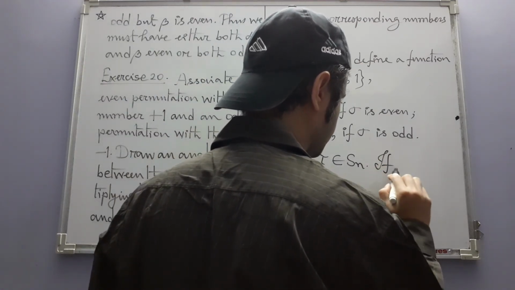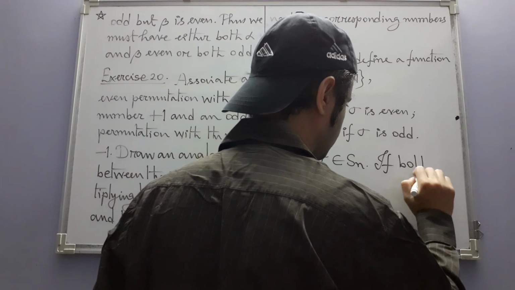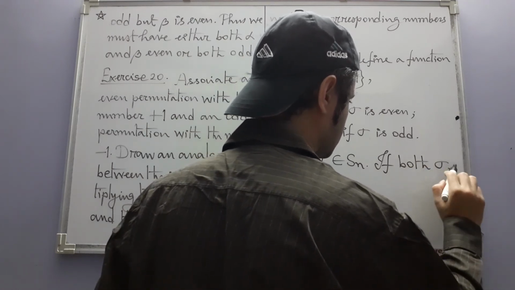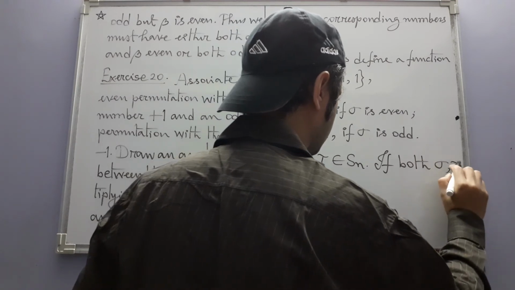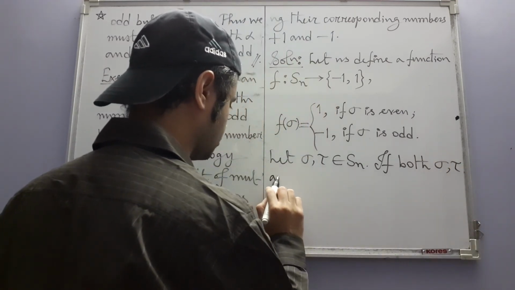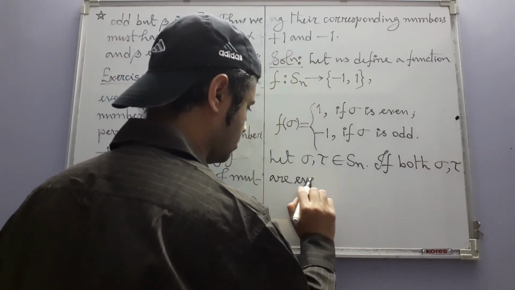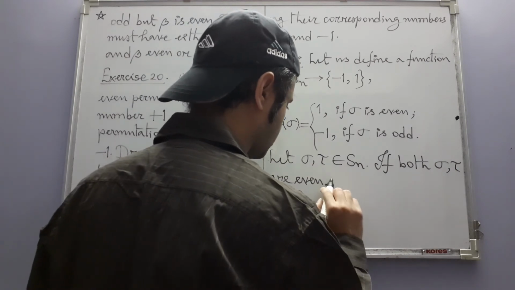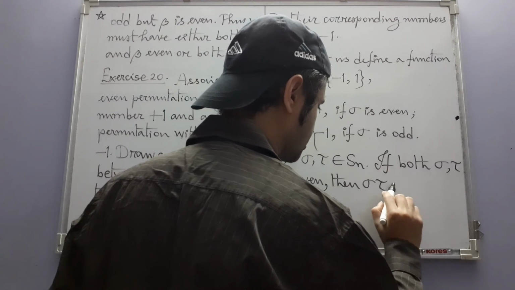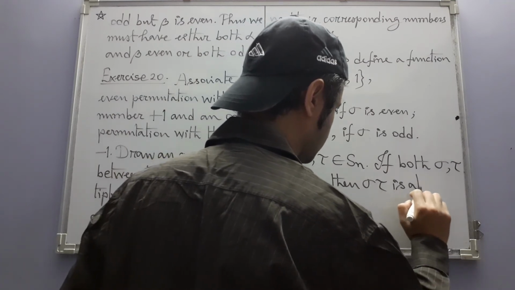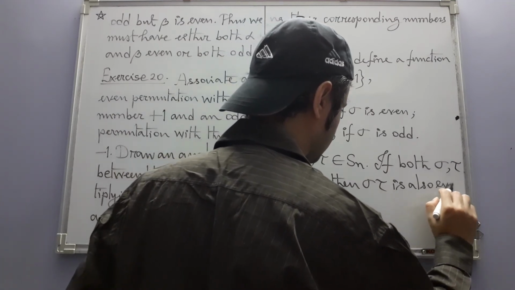If both sigma and tau are even, then sigma composition tau is also even.